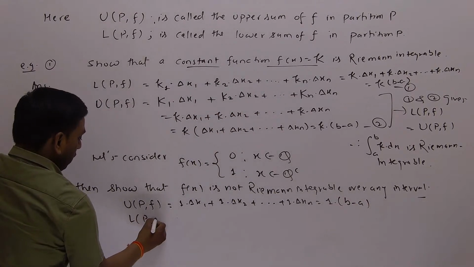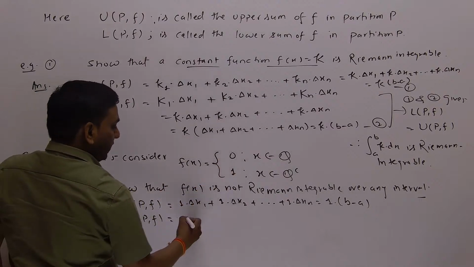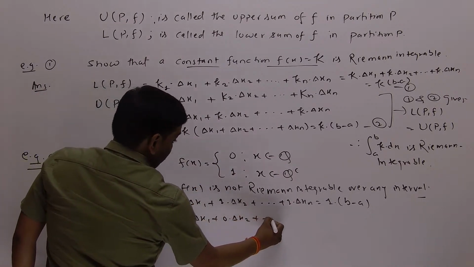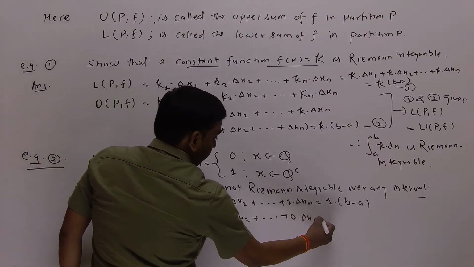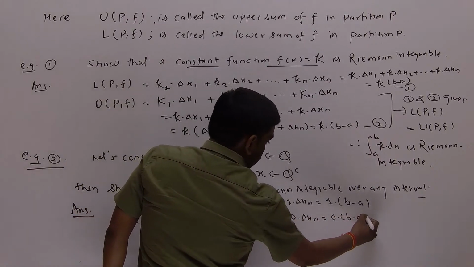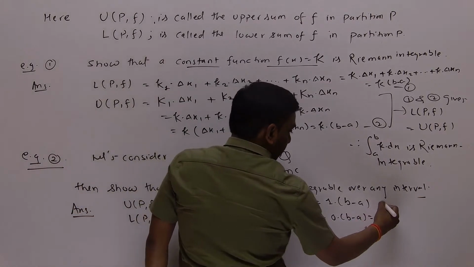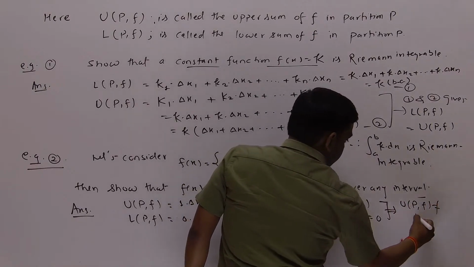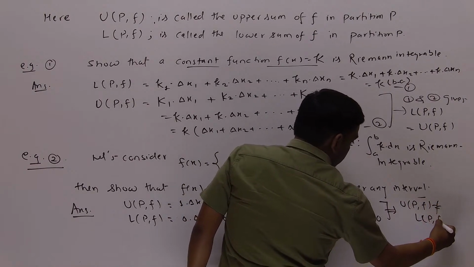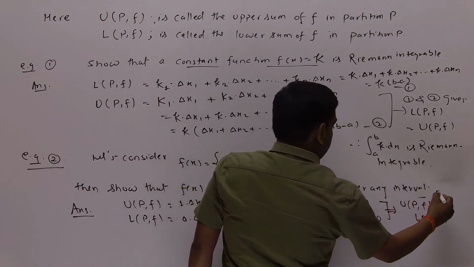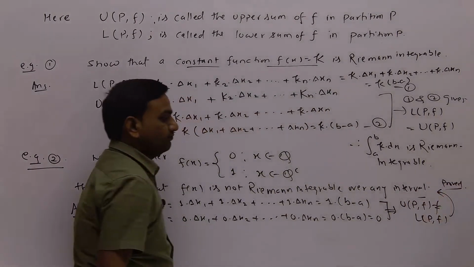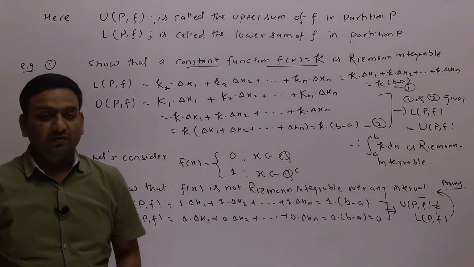If you talk about lower sums, the lower bounds for each subinterval will be 0. So what do you say? This clearly implies that the upper sum is not equal to the lower sum. So the thing is true, right?